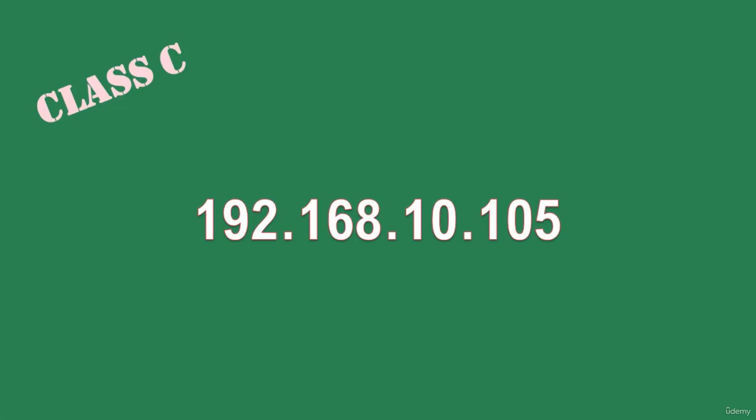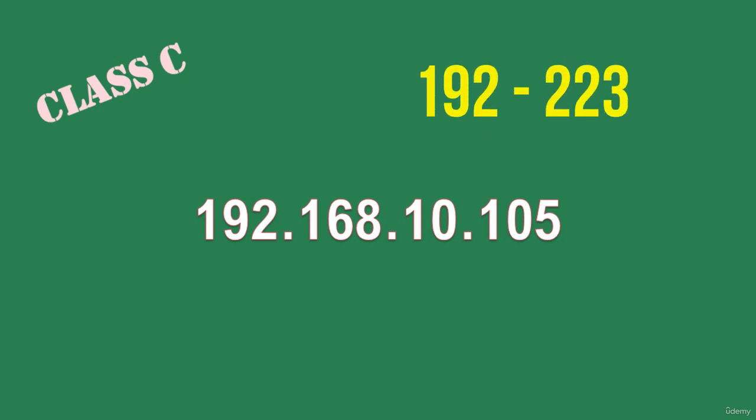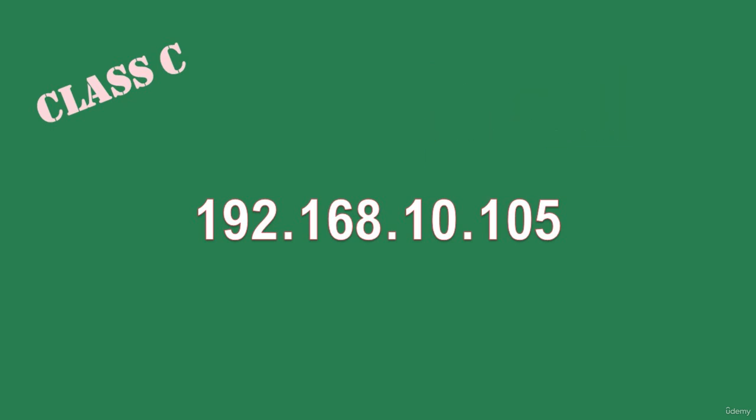The Class C address, the first 3 octets are used to identify the network. The last octet is used to address users. All addresses between 192 and 223 are Class C. 192.168.10.105 is an example of a Class C IP address.